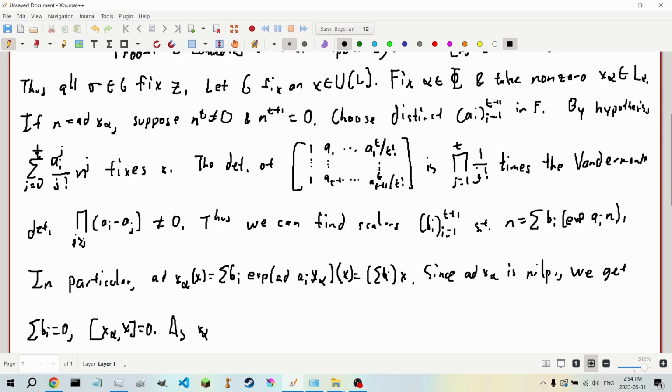As the x alpha generate L, x centralizes L, and x is in the center, as required.